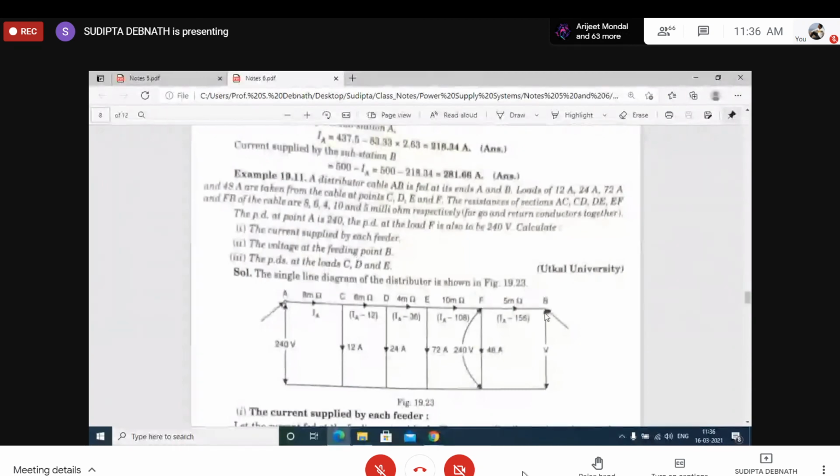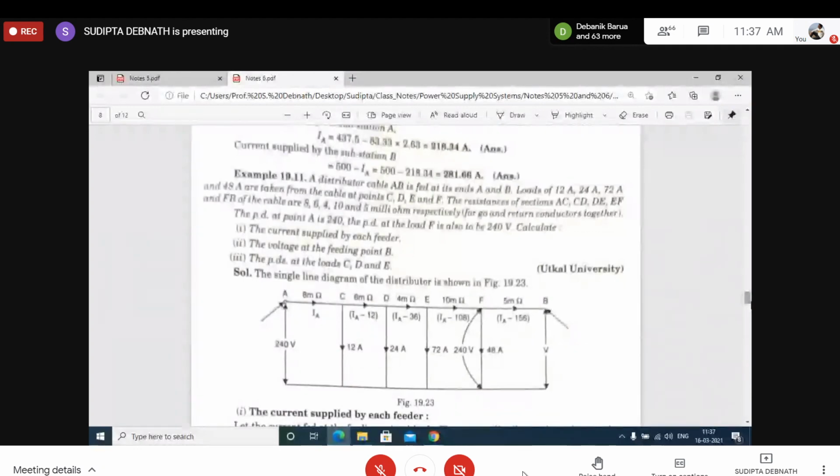If the voltage here is 240, and we consider current in this direction, VB will be 240 minus (IA minus 156) into this resistance, isn't it? But you will find IA minus 156 to be negative, so the voltage at B will be somewhat higher.